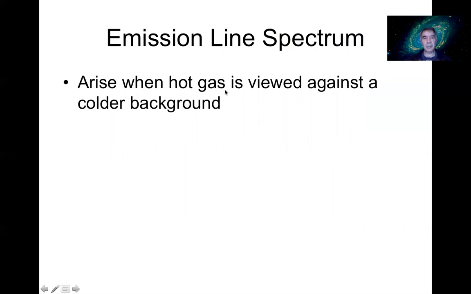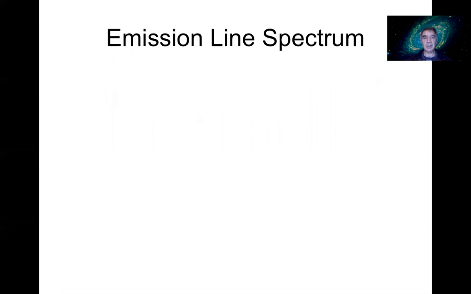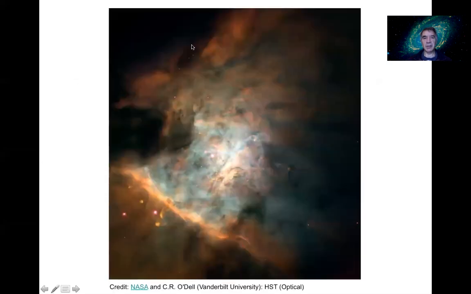So now we're talking about viewing a body of hot gas that is viewed against a background of colder material. And in this case, like in the case of the Orion Nebula here, you're just viewing it against the cold background of space, really.